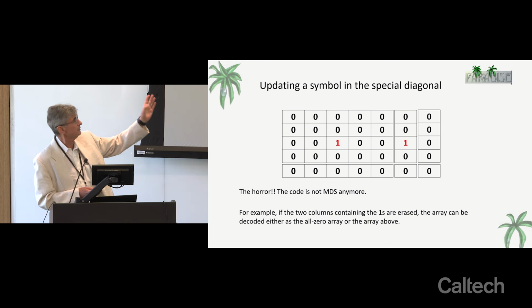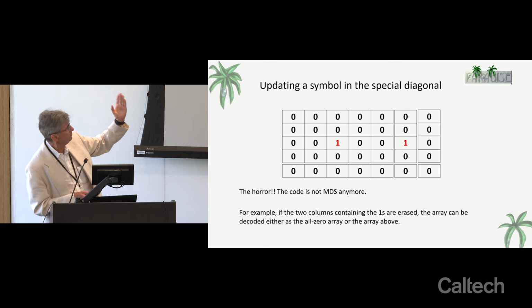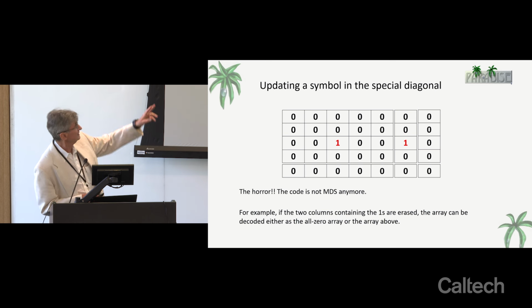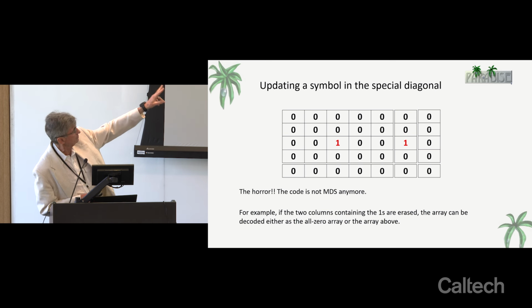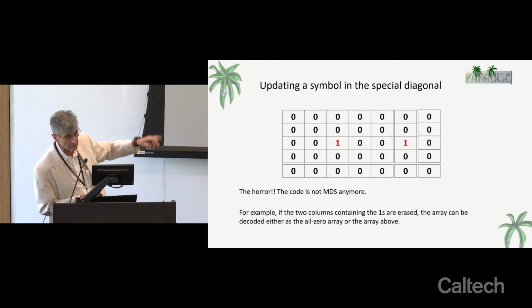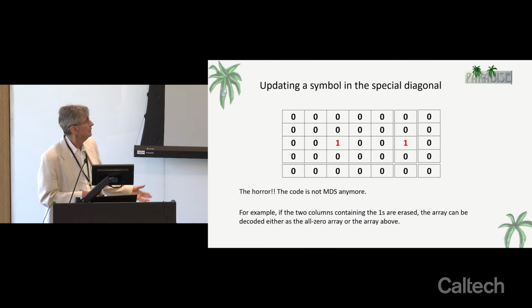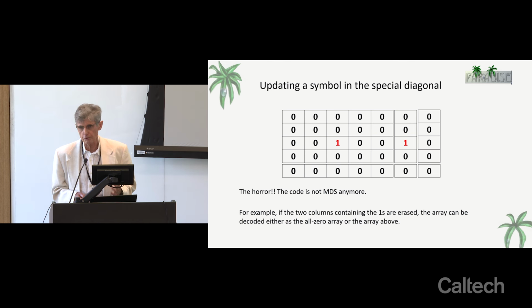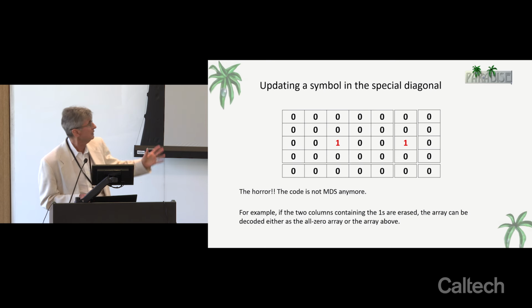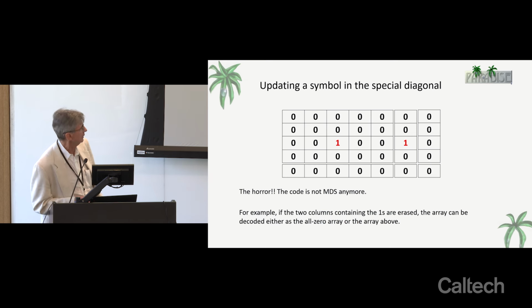The diagonal parity I don't update. But what happens here? Imagine that the two columns containing the two ones in red are gone. So we have two possible decodings in this case: the old zero array and the one here. We have two solutions. The code is not MDS. Total disaster. I got desperate at that moment.